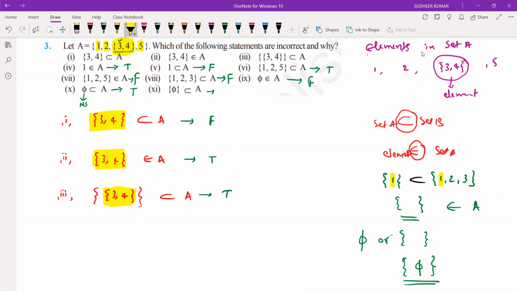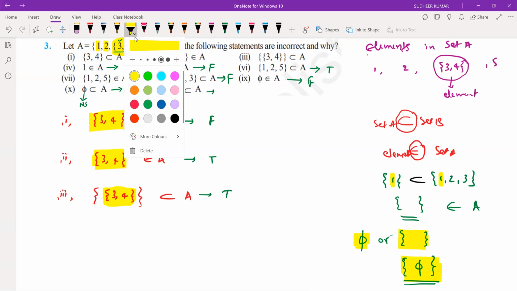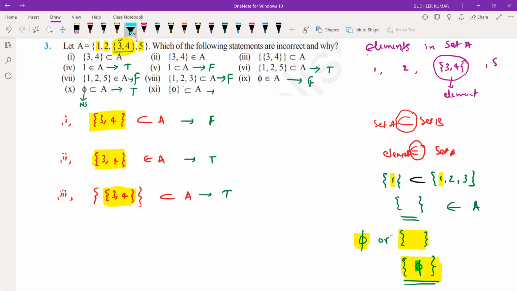This symbol represents the null set, or this also represents the null set. So in this case, this is a null set. This null set has an element as a null set. 5 is a null set, we know that. It consists of one element which is a null set.